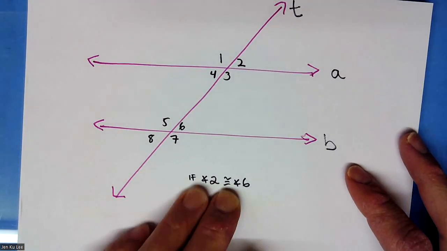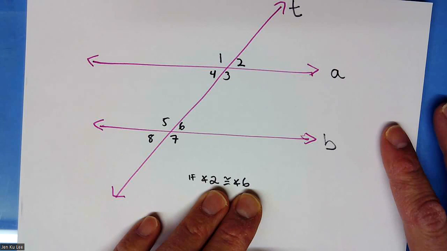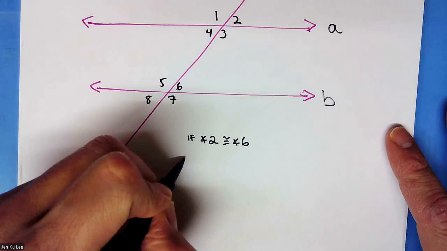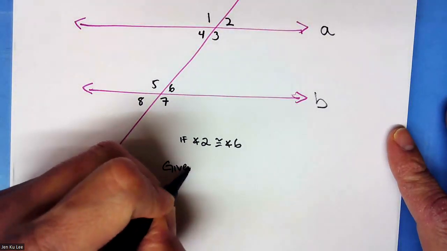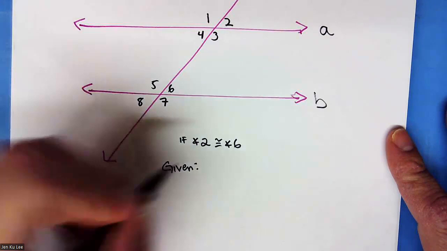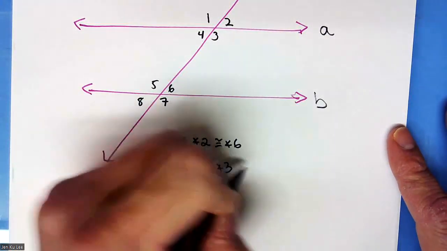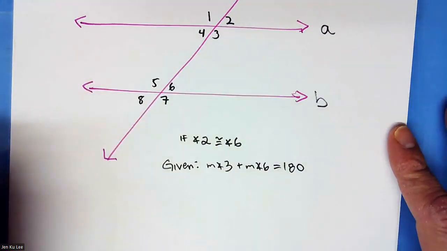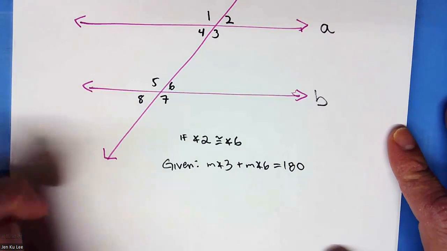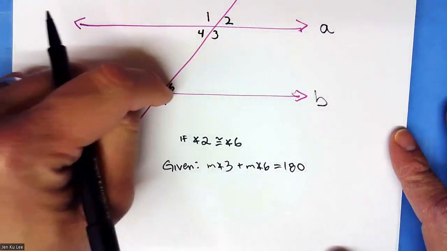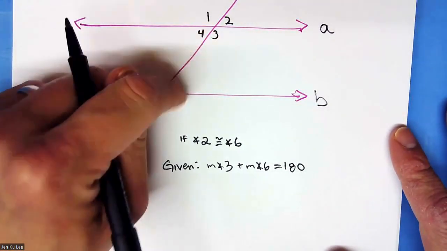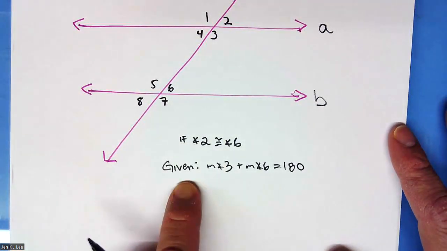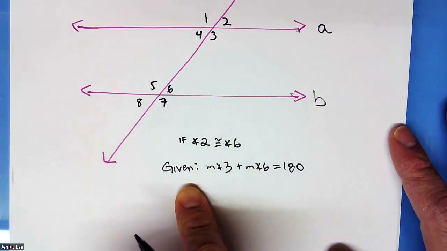Okay? So I gave you an example of corresponding angles that are congruent. What if I gave you this: the measure of angle 3 plus the measure of angle 6 equals 180. Or if I tell you that they're supplementary, right? Well, if they are supplementary, they are same side interior angles. And I already gave you that they are supplementary. Therefore, the lines are parallel.